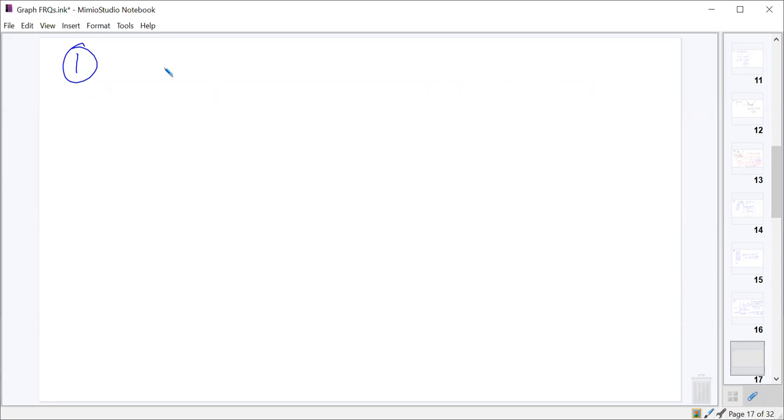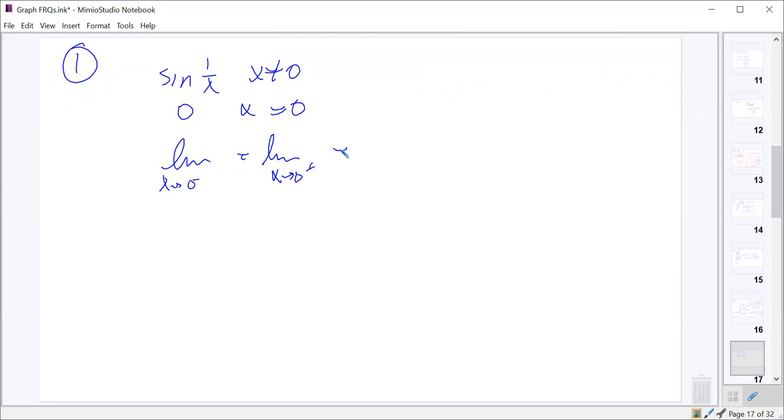So our first option is sine of 1 over x when x is not 0, and 0 when x equals 0. So for that to be continuous at x equals 0, for anything to be continuous at x equals 0, the limit as x approaches 0 from the left needs to equal the limit as x approaches 0 from the right, which needs to equal f of 0, which in this case is 0.